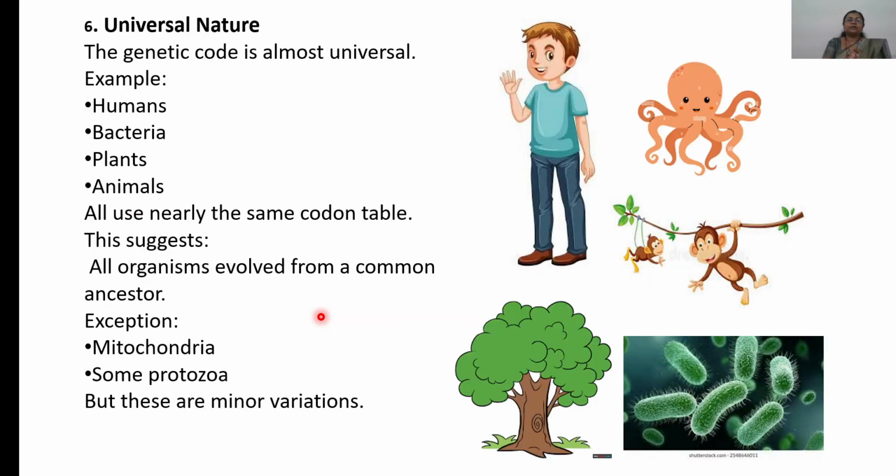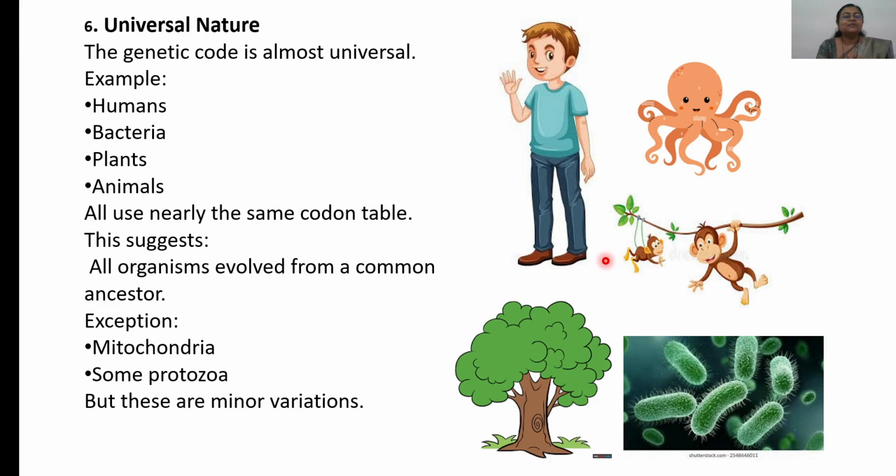Then the last property is universal nature. The genetic code is almost universal. For example, in humans, bacteria, plants, animals, all use nearly the same codon table, and this suggests that all organisms evolved from a common ancestor.